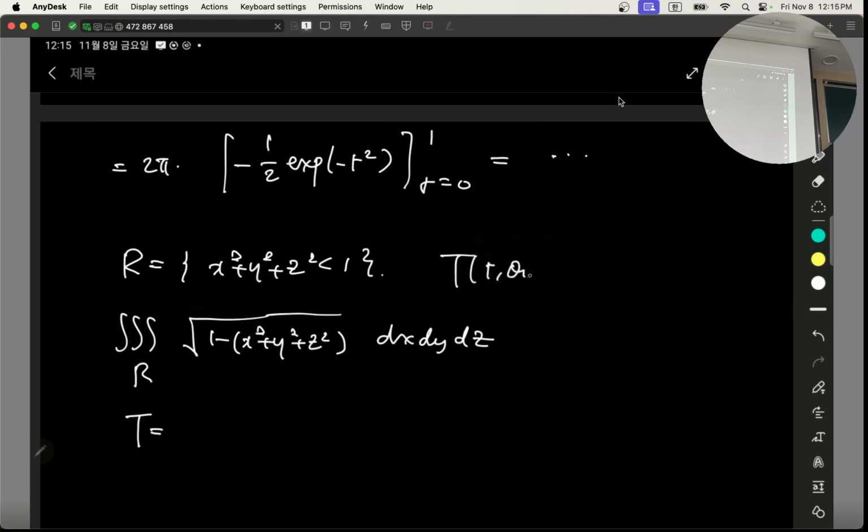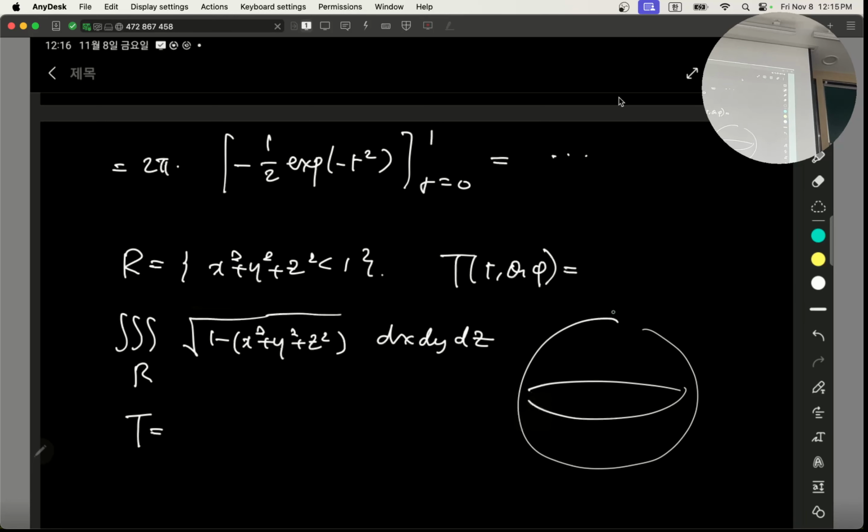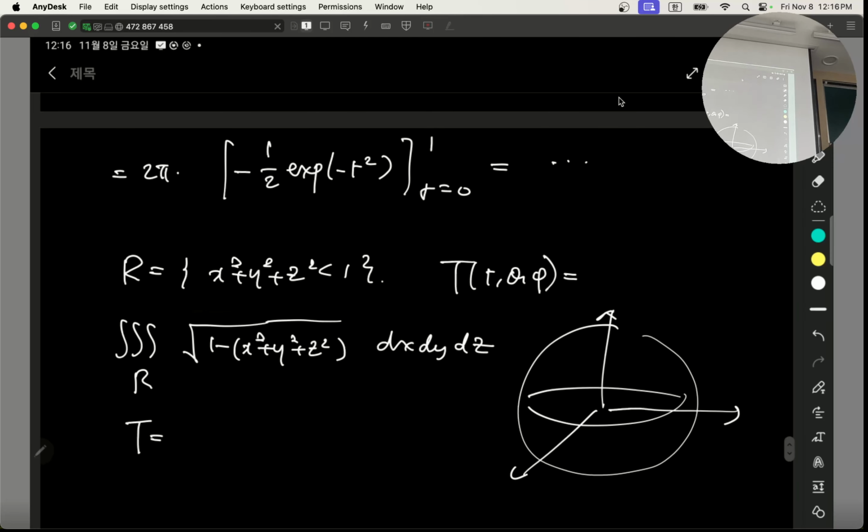r, theta, phi. I think I never mentioned the spherical transformation. Did I? Do you know the spherical transformation? The spherical coordinate identifies a point in xyz space by taking the sphere and its radius. You can always identify the sphere the point lies on, that's your r, and you have the angle from the z-axis, which is phi.